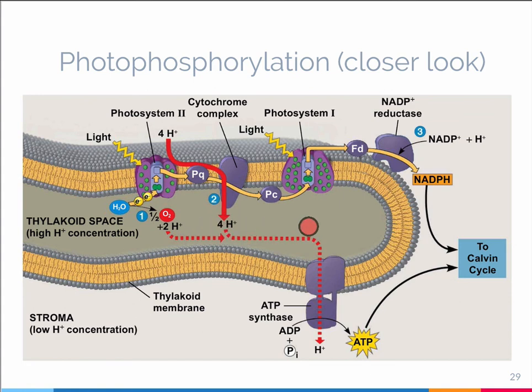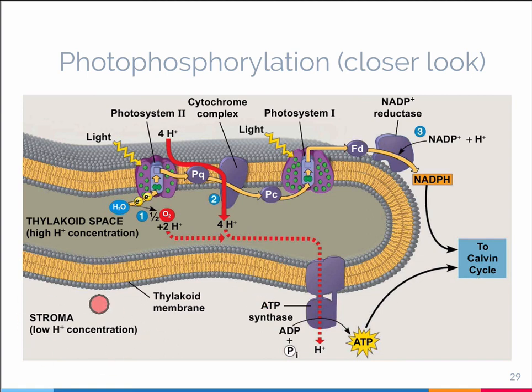And when those protons rush through the ATP synthase molecule, this is a combination of a transport protein and an enzyme, they produce a proton motive force, which ATP synthase uses to make ATP. Just like what we saw in cellular respiration, the energy of moving protons is used to drive the phosphorylation of ADP to become ATP. And the ATP that's produced from that electron transport chain is ultimately sent to the Calvin cycle for the dark reactions.